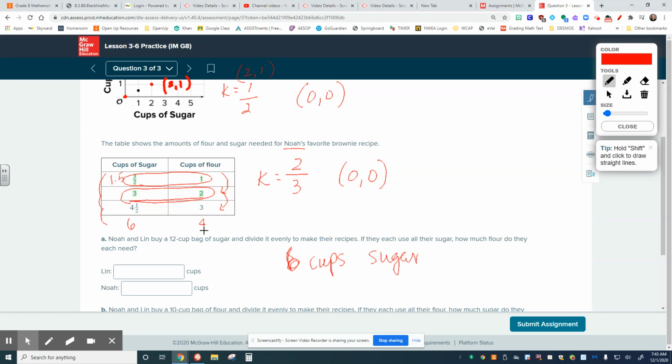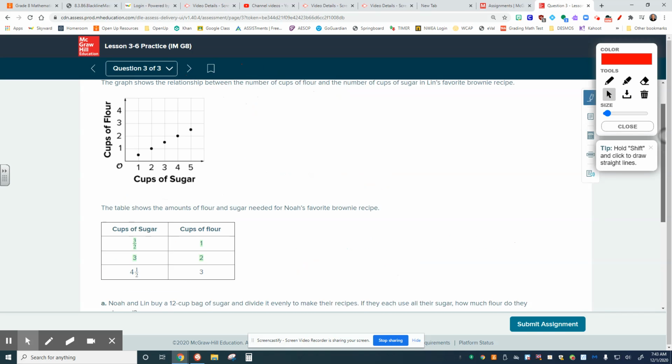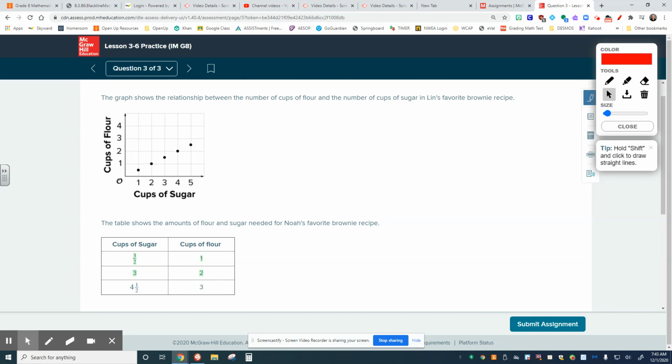Looking at Lynn's values, with 6 cups of sugar, if I were to continue this same pattern, we saw her constant rate of, for every 1 cup of flour, we increase 2 cups of sugar. So increase 1 cup of flour, 2 cups of sugar, 1 cup of flour, 2 cups of sugar. Lynn should need 6 cups of flour.